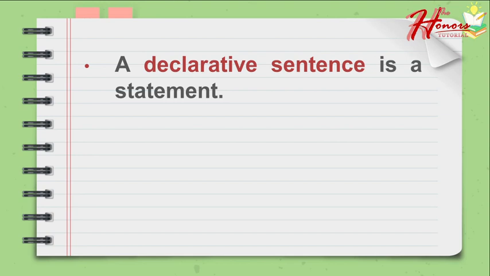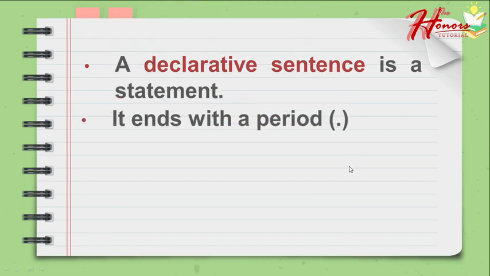When we say statement, it tells something. It tells information. And since you are telling information, what do you think is the punctuation that you need to use at the end of it? Very good. You are going to use a period, also known as full stop. So let us read the examples here.